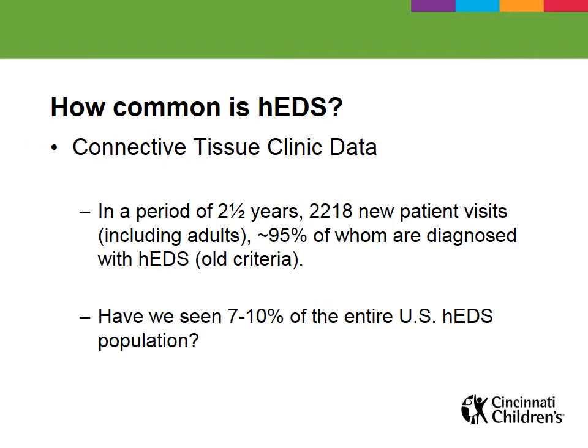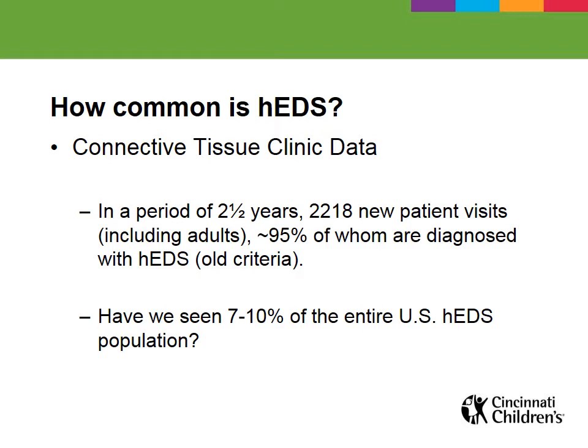With such a wide discrepancy in numbers, we looked at our own data within the Connective Tissue Clinic at Cincinnati Children's and evaluated a period of 2.5 years in which there were 2,218 new patient visits, including adults, 95% of whom had been diagnosed with hypermobile EDS.